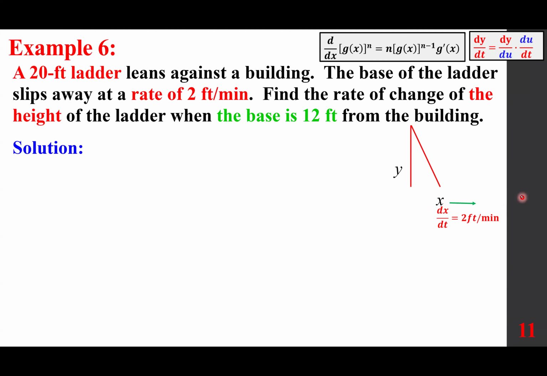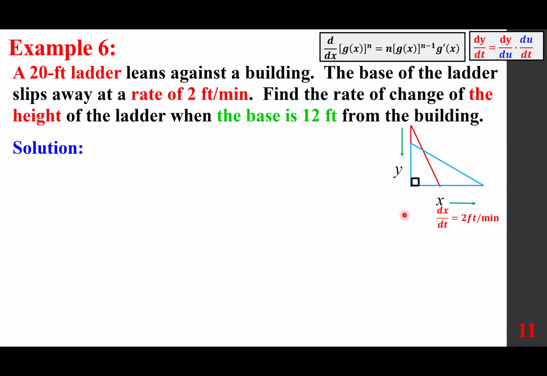As it moves this way, it creates a shape like this, a right triangle. This is x, this is y. Those are the legs, and this is the hypotenuse, fixed at c equals 20 feet. That's the ladder.